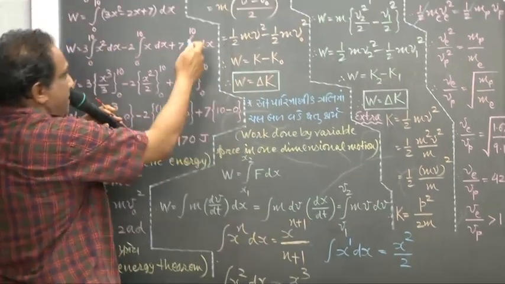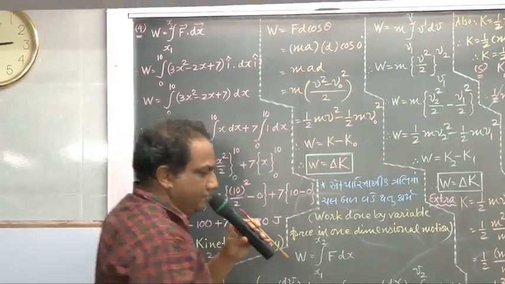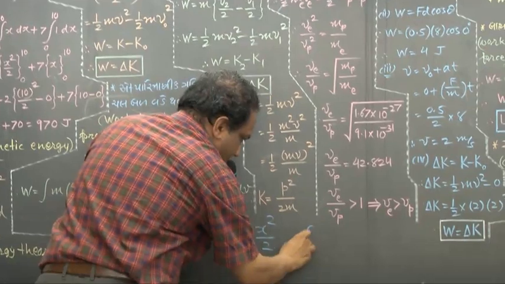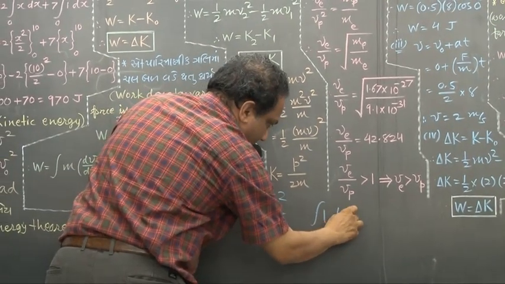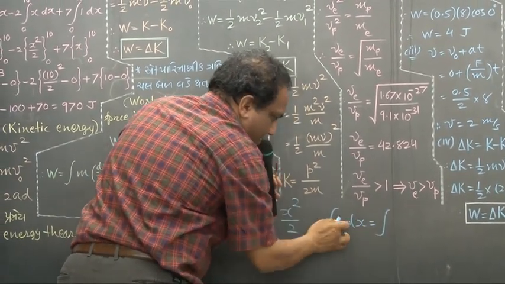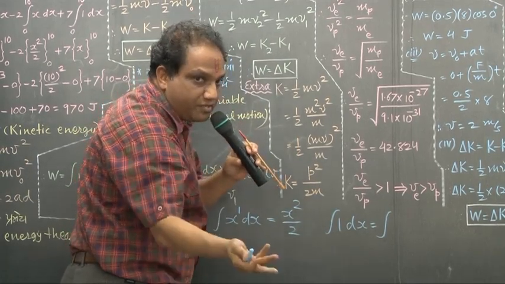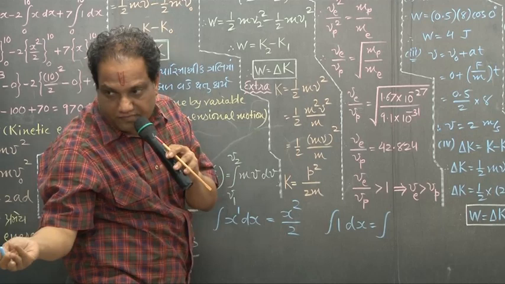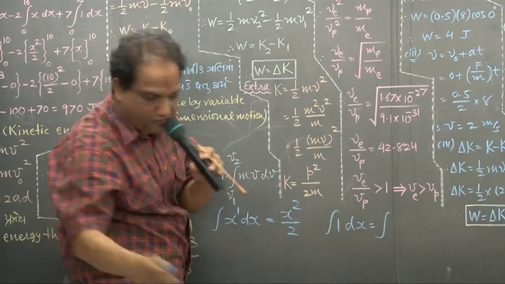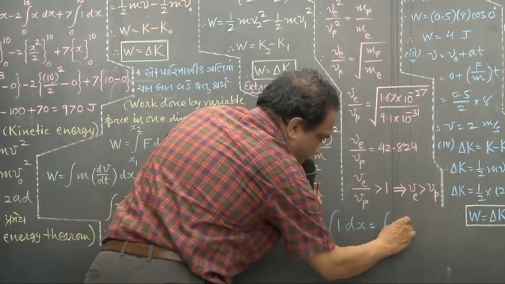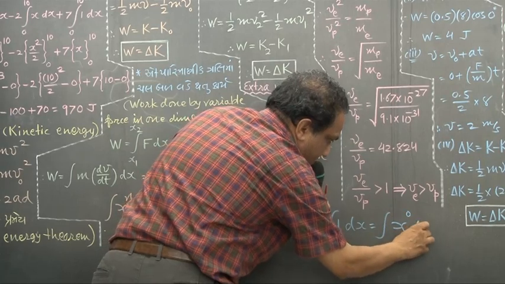Then I require integration 1 dx. 1 means what? 1 means x raised to 0, because x raised to 0 is always 1. So instead of 1 I am putting x raised to 0 dx.